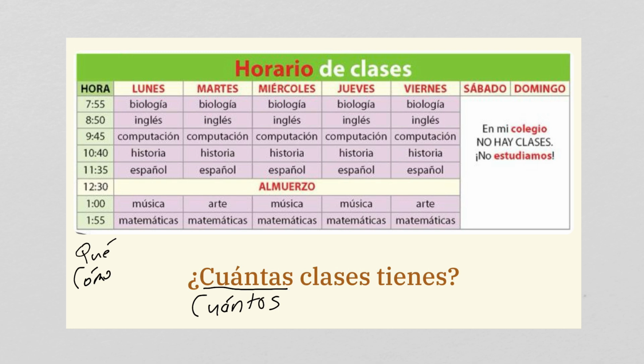Today we're talking about cuántas, and there's also cuántos. So there's a masculine and a feminine form of this question word, and it's asking how many. We use cuántos if we're asking about how many things that are masculine, and we use cuántas to ask about how many things that are feminine, like clases are feminine.